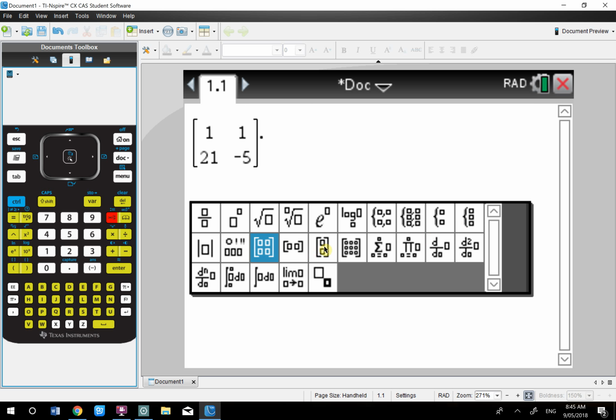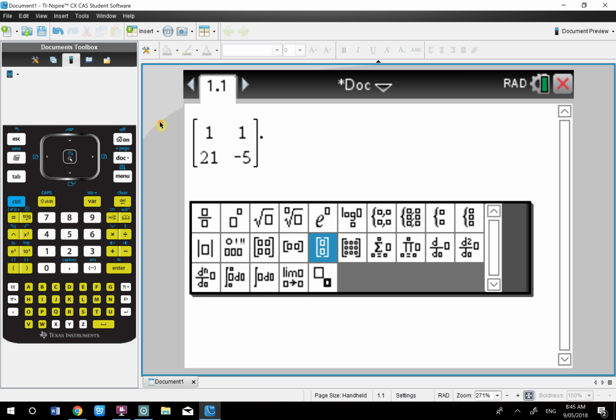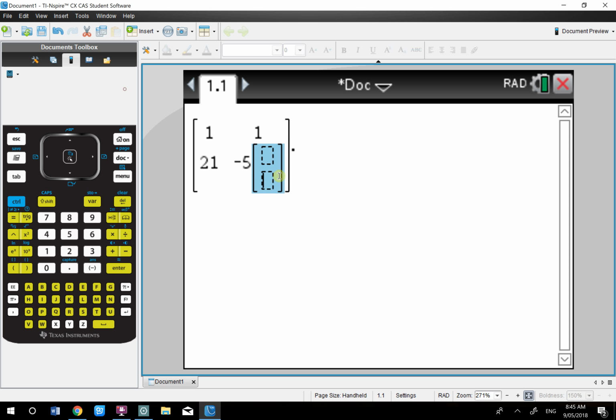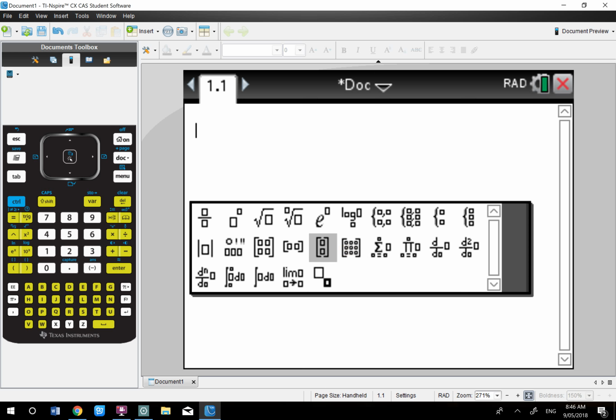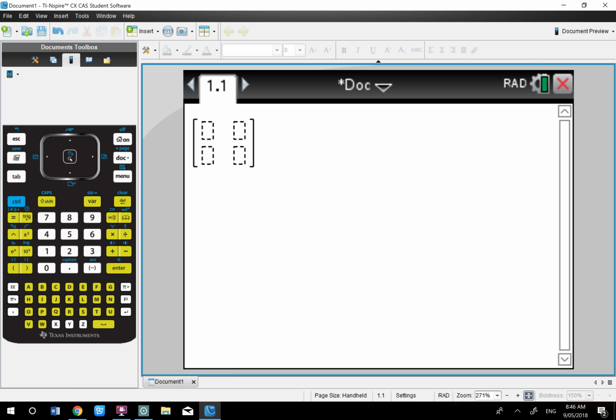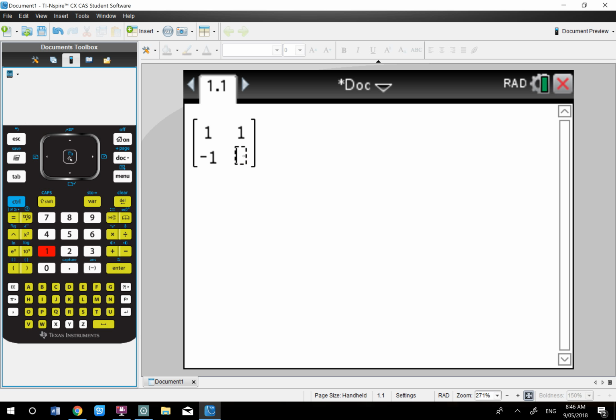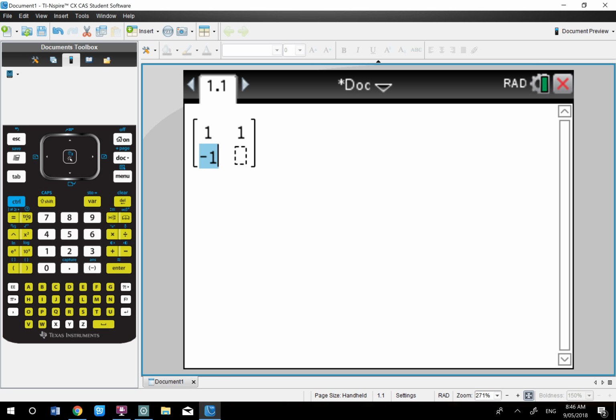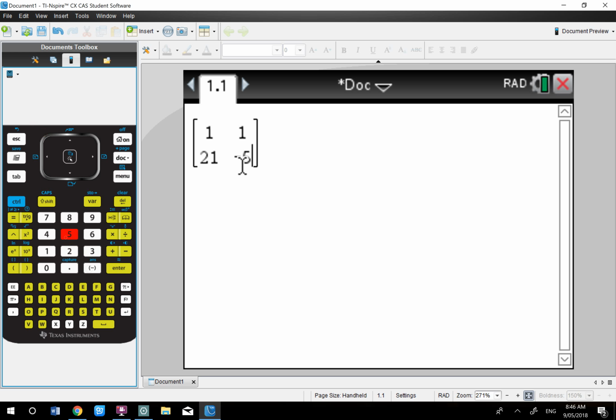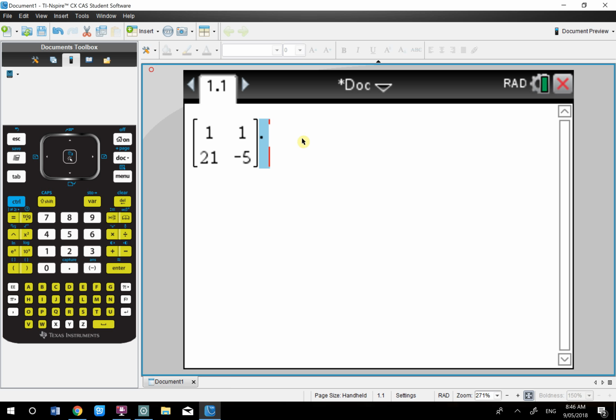This template is already in the wrong place. I can't move it. That's so sad. It's alright, just do it again. 1, 1, negative 1, and 21, and negative 5.